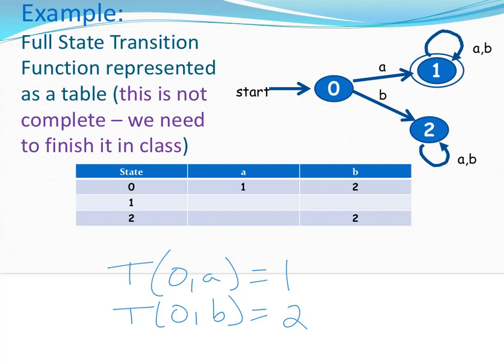Now this table is incomplete because every single state has to have a transition for every single symbol. So like we said, if we are at state 0 and we see an A, we end up at state 1, so that's what this number represents. We're at state 0, we see a B, we get 2. So let's look, what do we got to fill in? If we're at 1 and we see an A, we stay at 1.